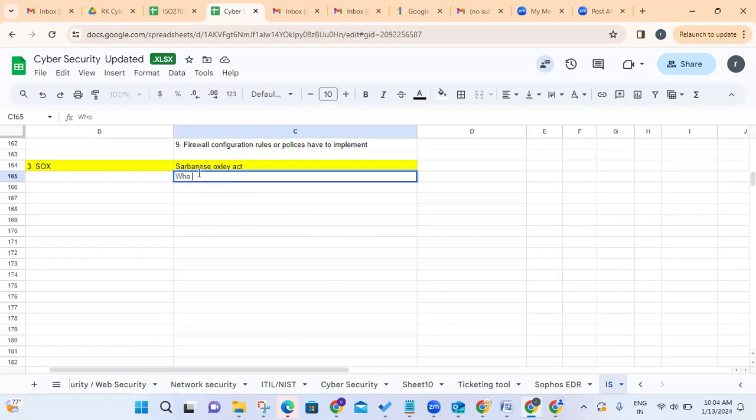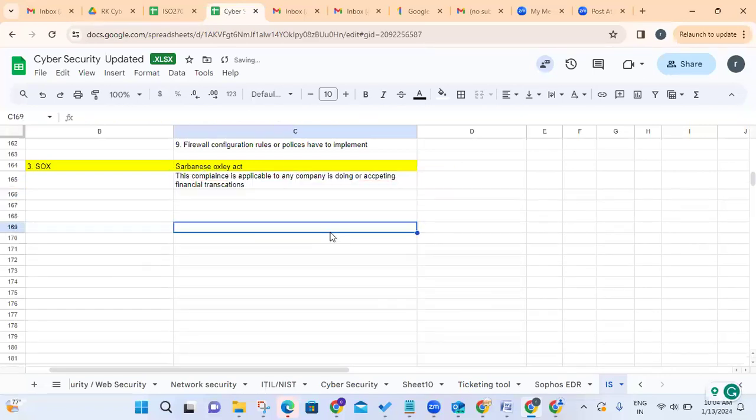Whoever this compliance is applicable to, any company that is doing or accepting financial transactions. Okay, so for example, at the end of the month, 30th or 31st, we will receive the salary.